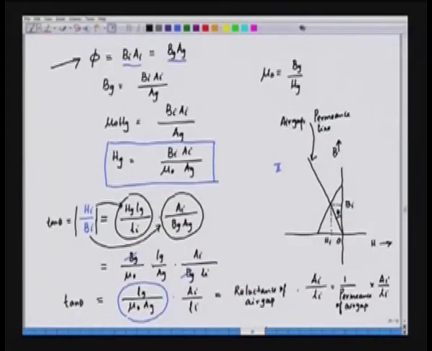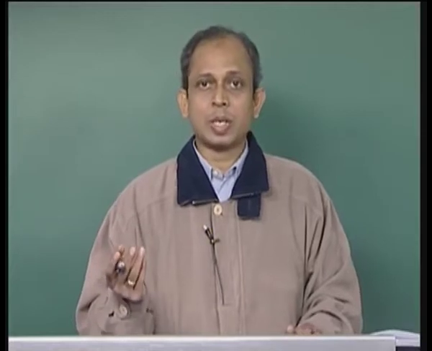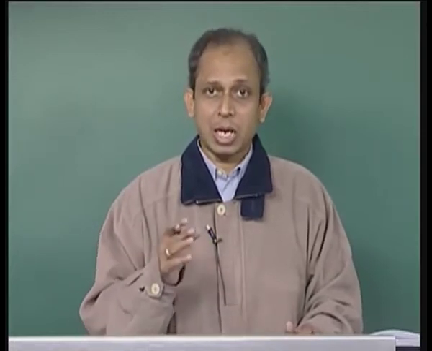Okay. Now, we can just go a little further. Suppose the reluctance is more. If the reluctance is more, the air gap is more. If the air gap is more, theta will be a larger value.